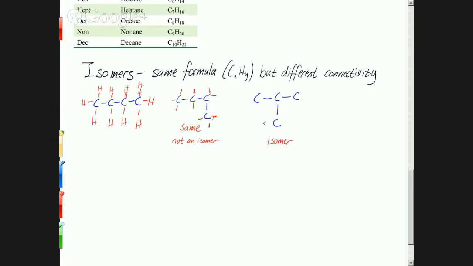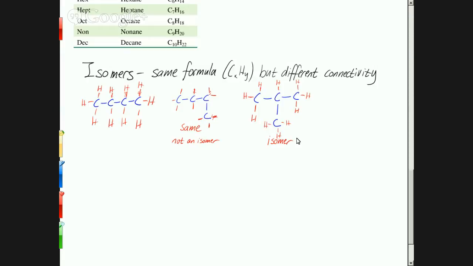Now here is a little bit different. Remember, we have to have 4 bonds per carbon. So this one needs 3 more. How many more does this one need? 1. And then 3 here. And 3 here. So if you count up all those hydrogens, there are still 10, just like in the first structure.